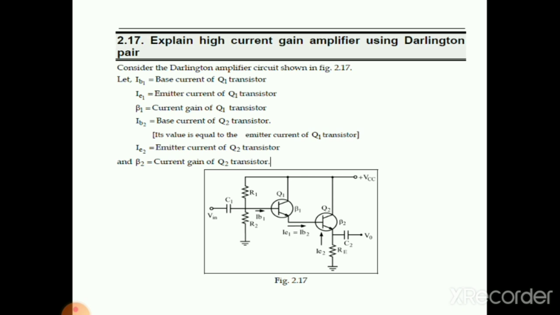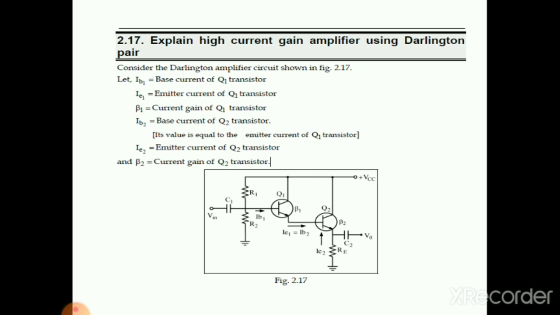Now see the particular Darlington pair connection with required resistors and capacitors. V input, followed by C1, R1, R2, first transistor Q1 with current gain beta 1, and second transistor Q2 with current gain beta 2, output C2, and V output.